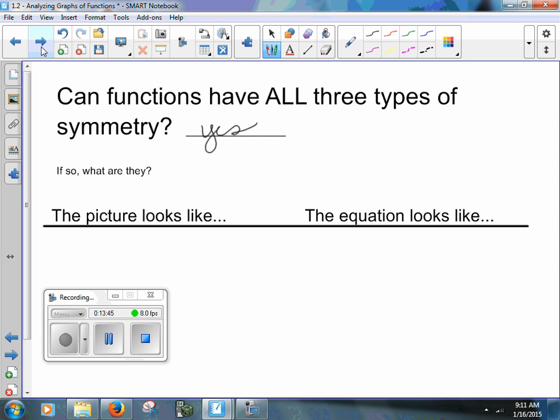Think what kind of function, what kind of picture would have all kinds of symmetry? A circle would. That's exactly right. And that is a sucky circle, okay? The way I have it drawn, there is no symmetry at all because number one, it is not circular. Number two, its center is not the origin of the Cartesian plane. But do you remember what a circle equation looks like? Does anybody remember?